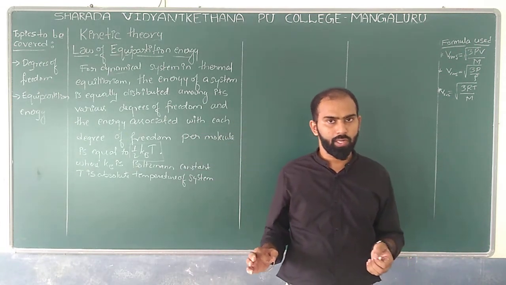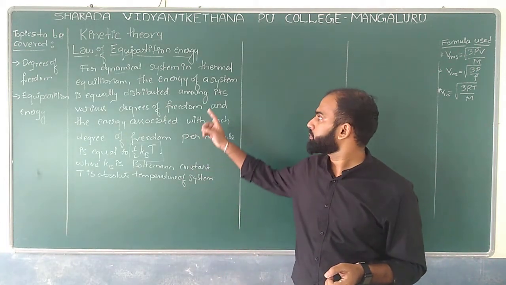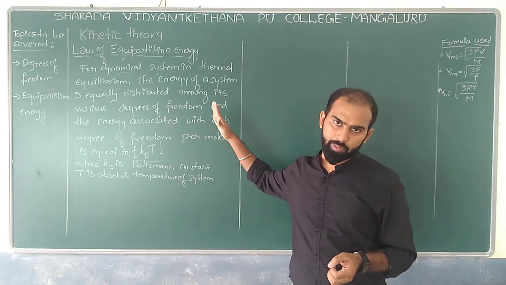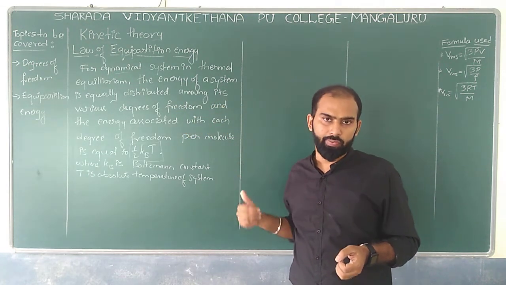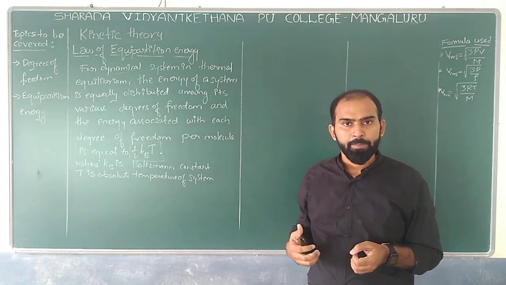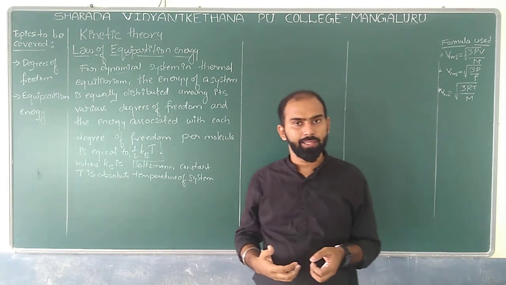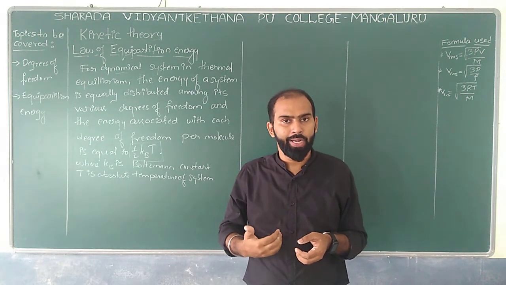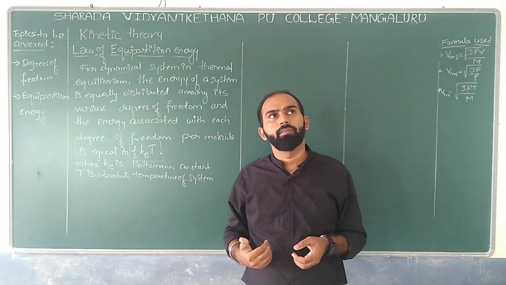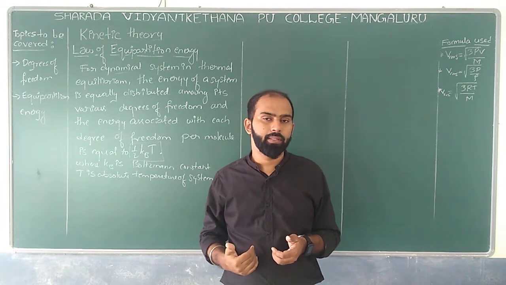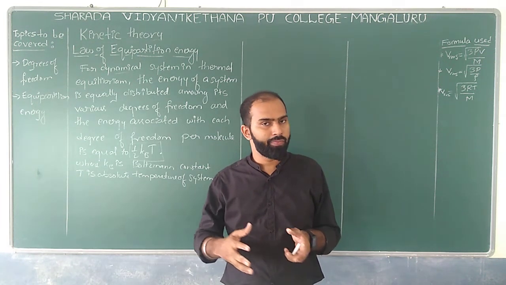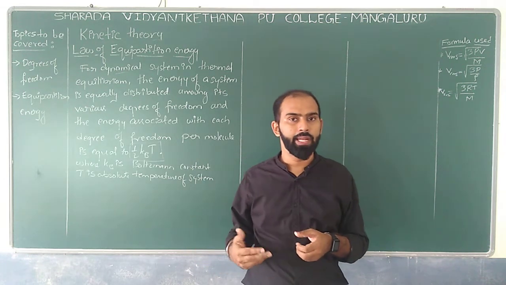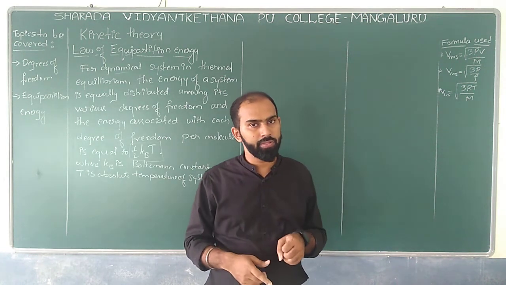For a dynamical system in thermal equilibrium, the energy of the system is equally distributed among its various degrees of freedom. Based on the gas molecules, the degrees of freedom also vary. For a monatomic gas the degrees of freedom is 3, because it can gain energy in 3 different ways, along the x-axis, y-axis, and z-axis.